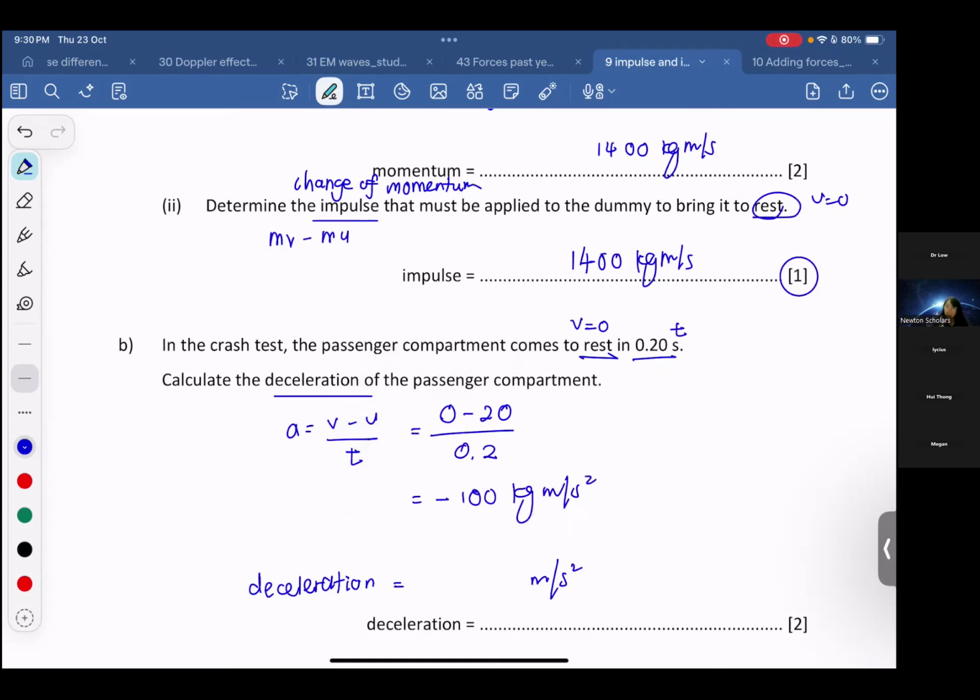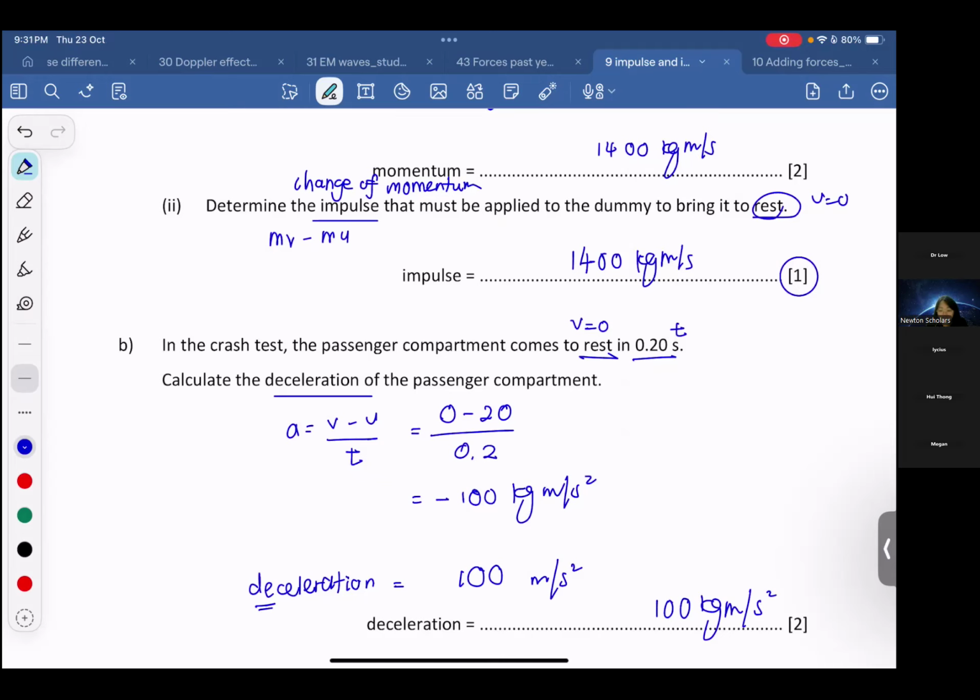But the question said deceleration. D already brings the meaning of negative, the meaning of slow down. So at the end, we don't need to put a negative anymore. Our final answer should be 100 kg meter per second square. Is it okay, dear?